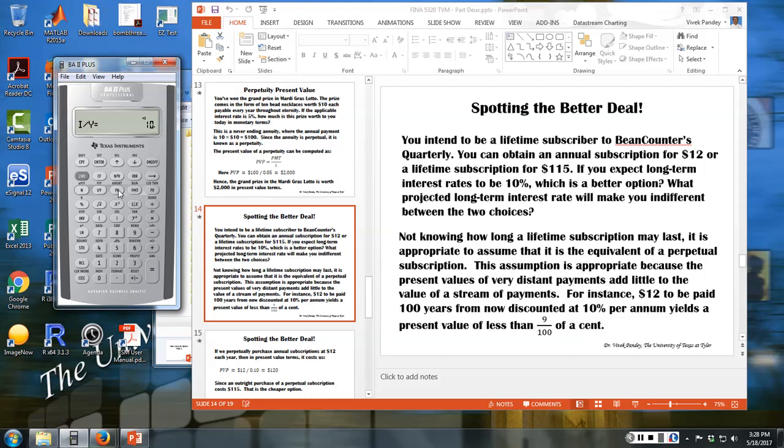Compute present value, and you get 0.00087, right? So it's less than 9/100th of a cent.